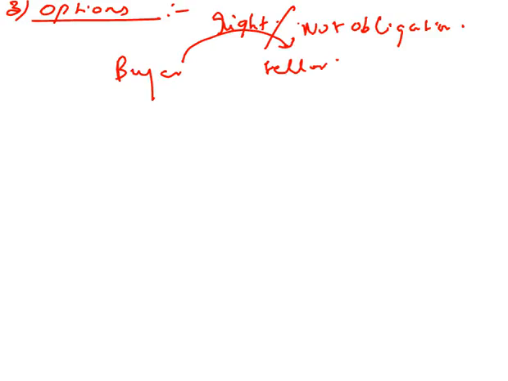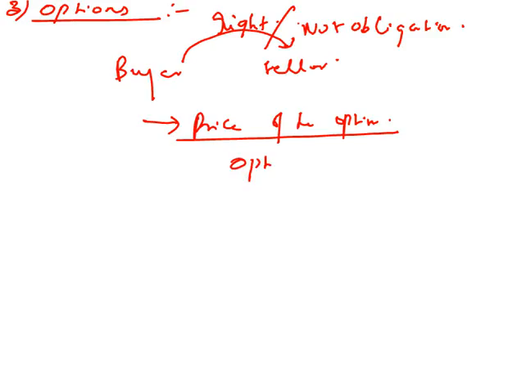In return for granting this option, the party granting the option collects a premium. That premium is called the price of the option. So you have to pay something for getting this contract, and this is called the option premium. It's not free that he gets this right.